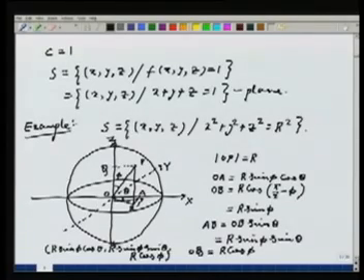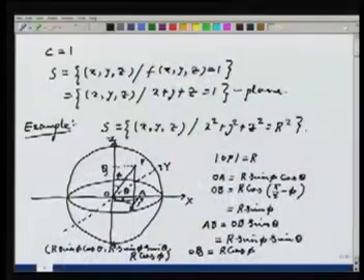And if it is on the lower hemisphere, then phi varies from pi by 2 to pi. So as a whole, my phi varies from 0 to pi. And what about theta? Theta is measuring the angle between the x-axis and the point. It can have a full round, that means theta can vary from 0 to 2 pi. Okay, so finally I get the map.